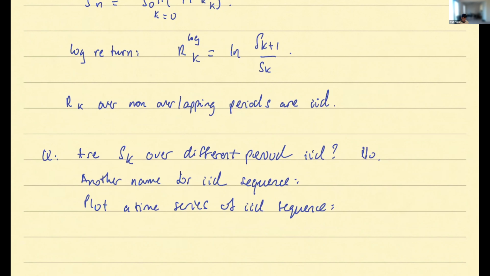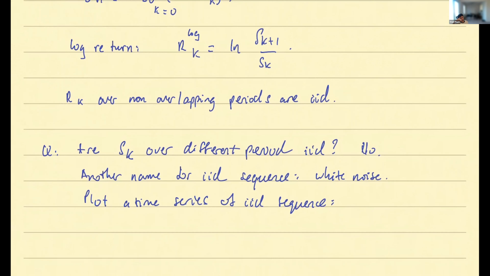It's not exactly this, but when you see an IID sequence, you can think of white noise. Typically white noise also requires a normal distribution and mean zero, but basically an IID sequence, if you look at it, is almost white noise, maybe just shifted up and down.